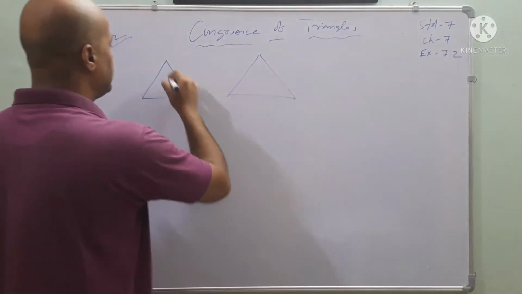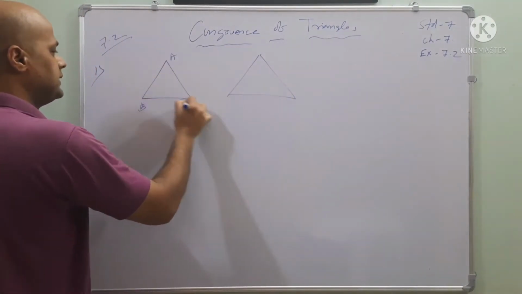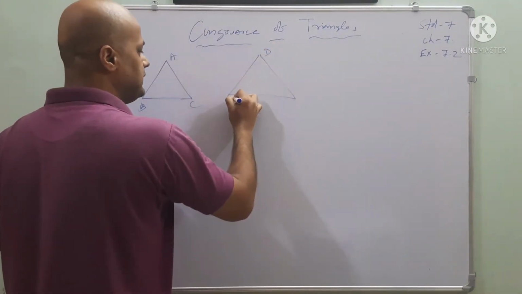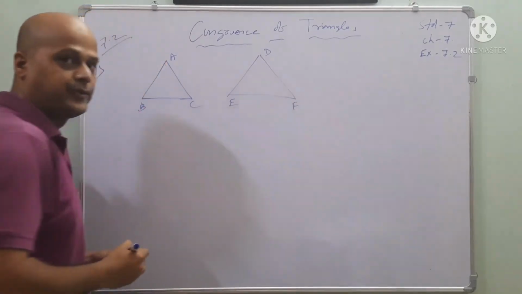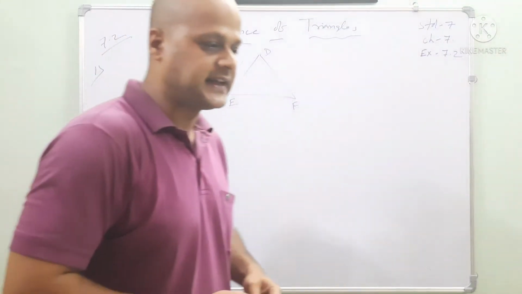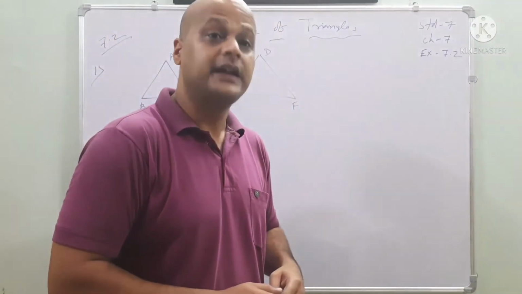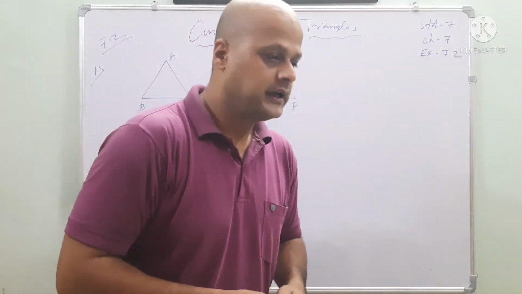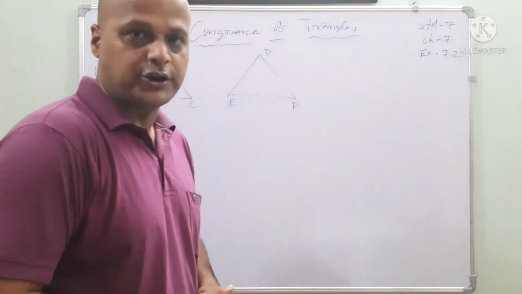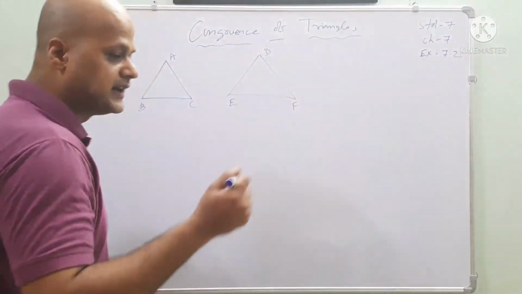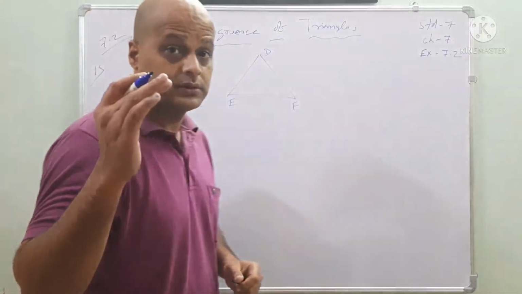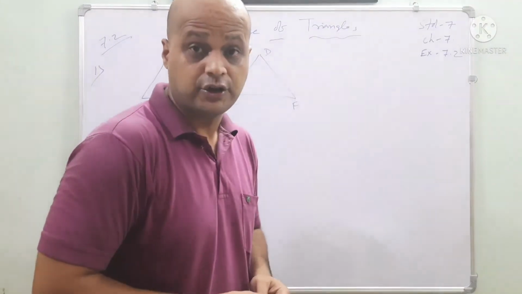A, B, C and D, E, F. Yes or no, my dear friends? Here it is saying, which congruence criterion, means rule, do you use in the following? Let's go for it. What are the hints given in your question?